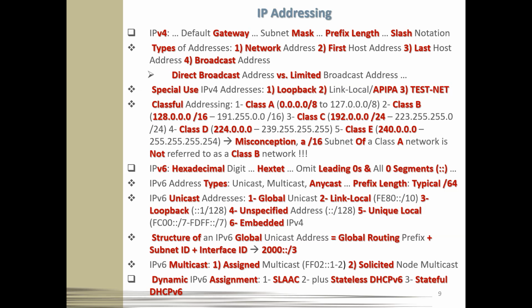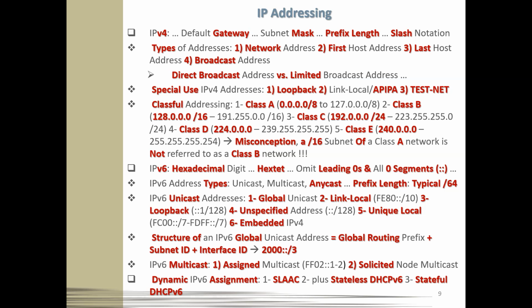So bear in mind that for class B, the first bit of the first byte must always be turned on, and so it's 1, and the second bit of the first byte is always set to 0, so it's always off. So from left to right, the first 2 bits are 1, 0.